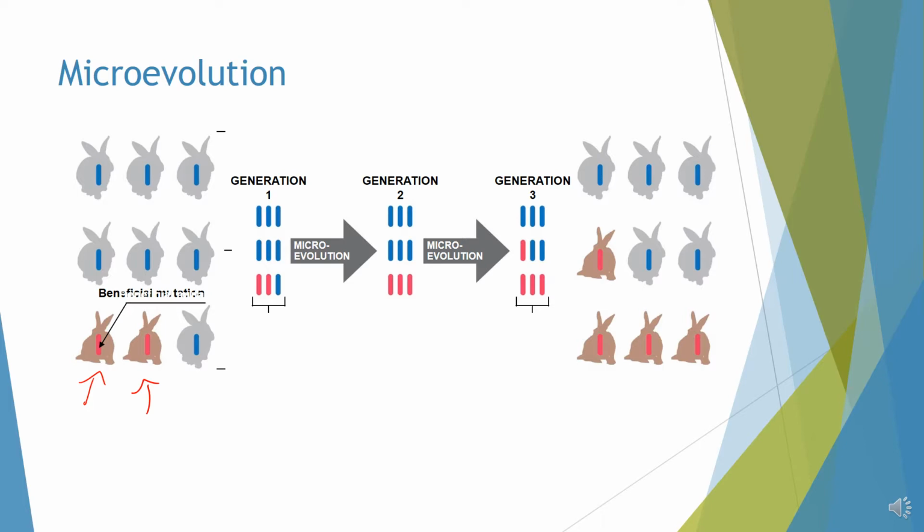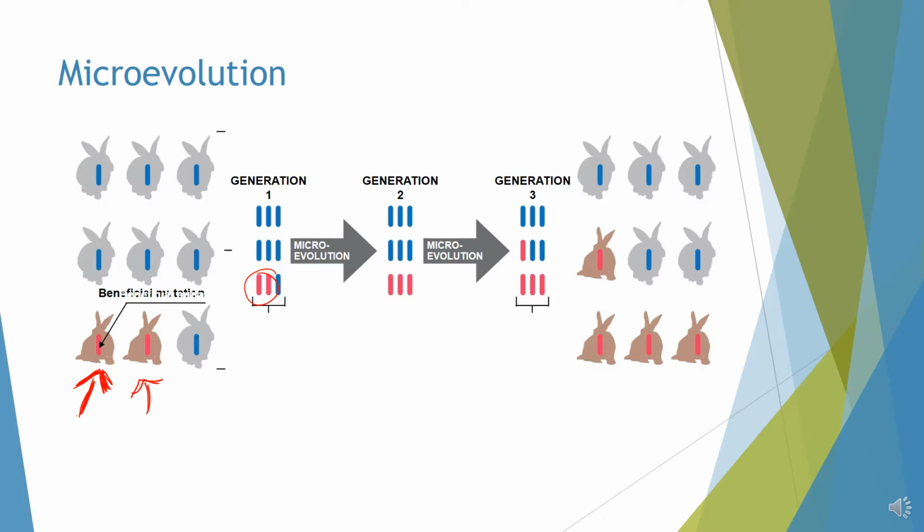This gene here, the red gene, is the gene that's more favored in the population, and this is due to its environment. So maybe the brown actually helps these organisms blend in more to their environment. So this has been a beneficial mutation that's occurred. And so in generation 1, you have 2 of these organisms, and then you have microevolution.